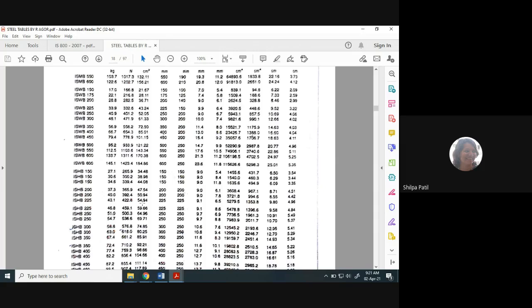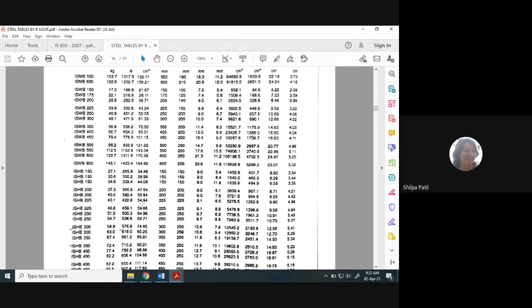Depth is higher in the case of ISLB. Here, depth of section is lower, but the other dimensions must be more in ISLB 325. That is, the thickness of the flange and the thickness of the web might be more, and that's why we are getting the higher area. And the depth is also more.